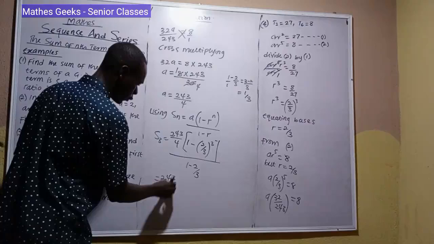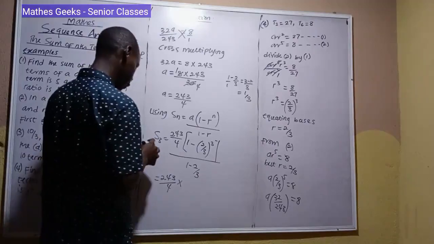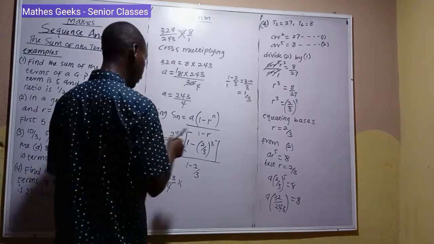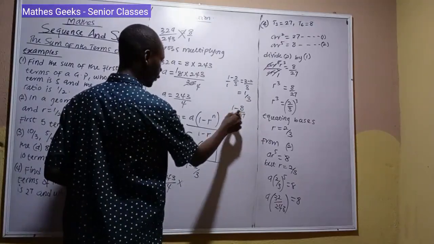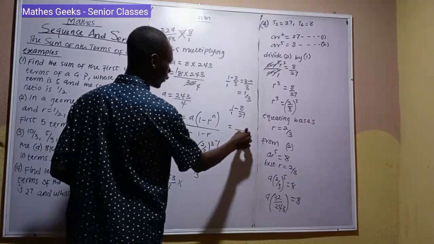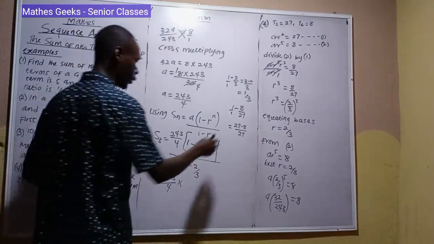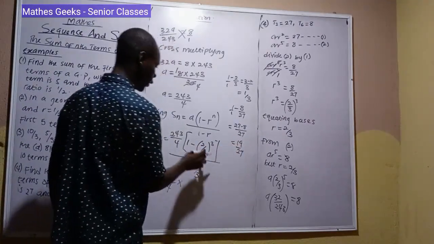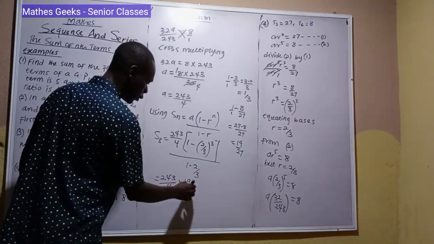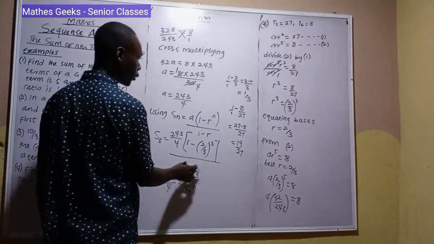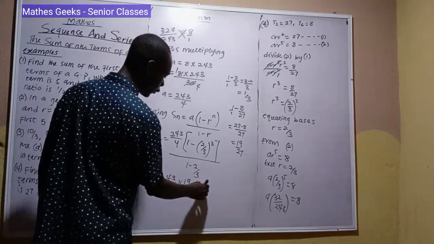So this will give us 243 over 4 times 1 minus 8 over 27, where 2 raised to power 3 is 8 and 3 raised to power 3 is 27. So 27 minus 8 is 19, so 19 over 27, and here is 1 over 3, so divided by 1 over 3.